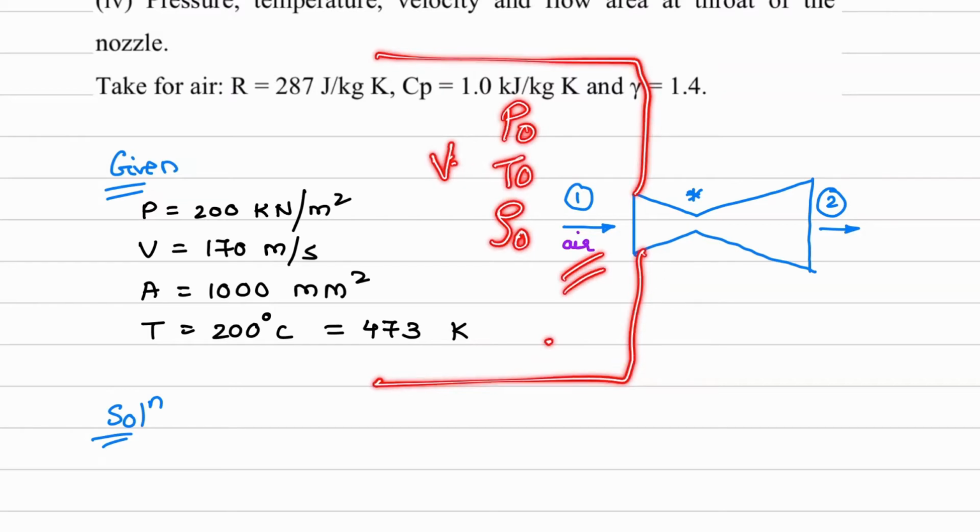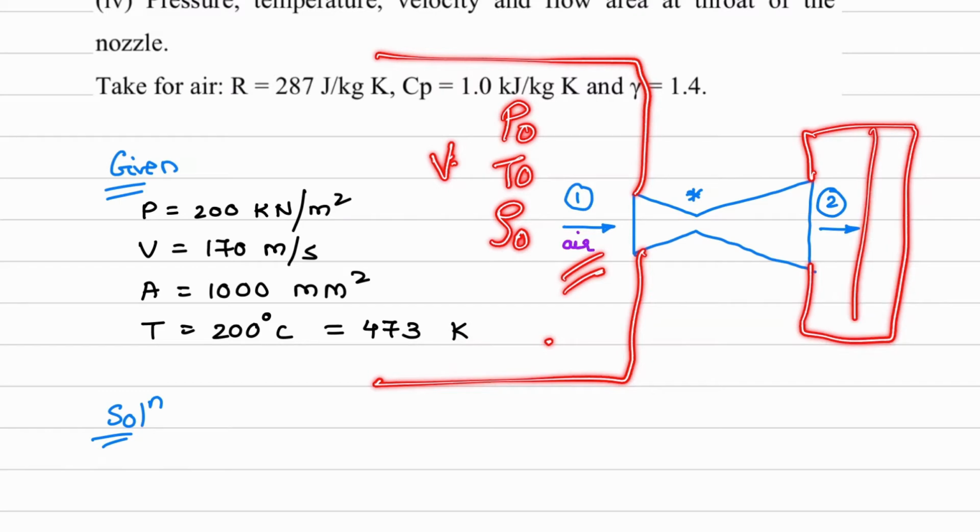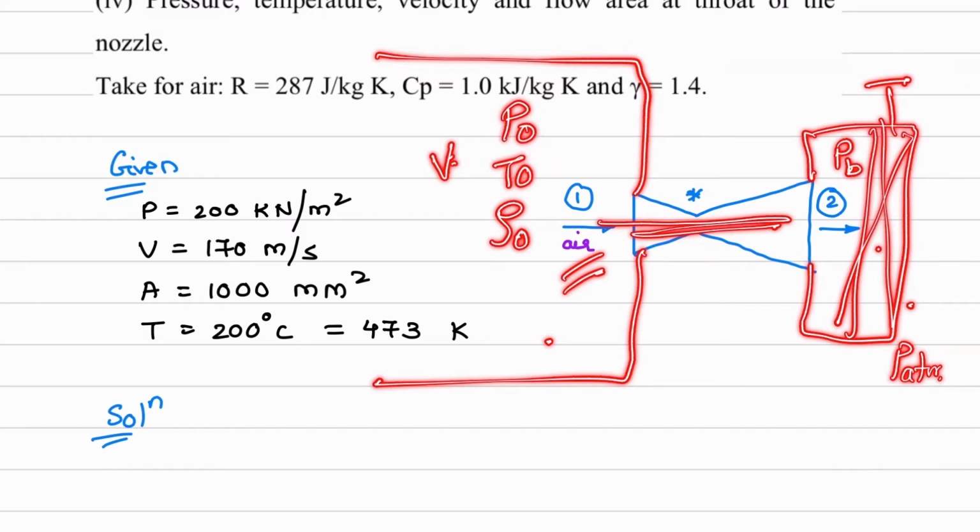So at inlet we have stagnation condition. At outlet there is a chamber, for example, and we have a wall. If this valve is closed, everywhere the pressure will be stagnation pressure only, and outside this wall we have atmospheric pressure. So when we open the wall, this back pressure PB reduces, and the flow starts inside the nozzle.